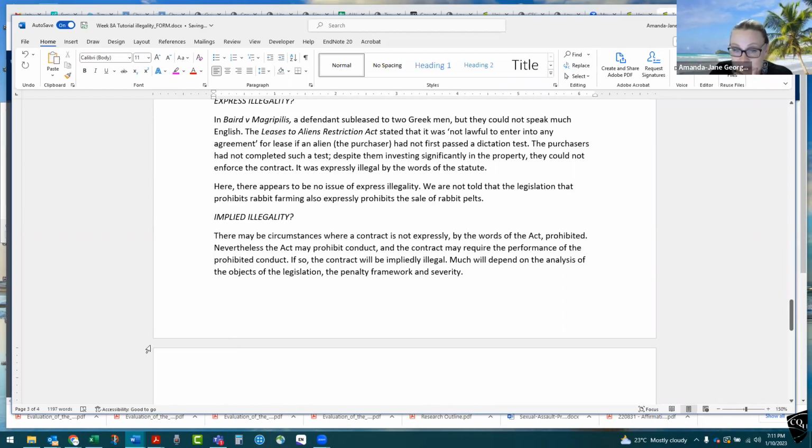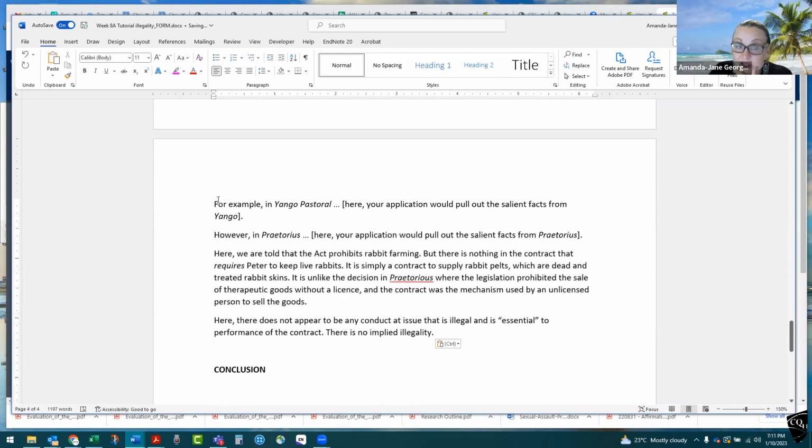Then it's going to be impliedly illegal. Again, here, you just give a little bit of case mastery. I really know what I'm talking about because here's an example of a couple of cases that talk about implied illegality. And then you do your application.